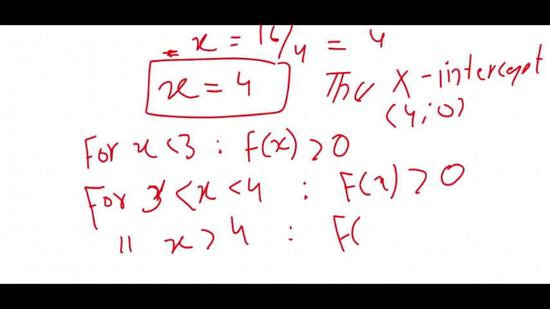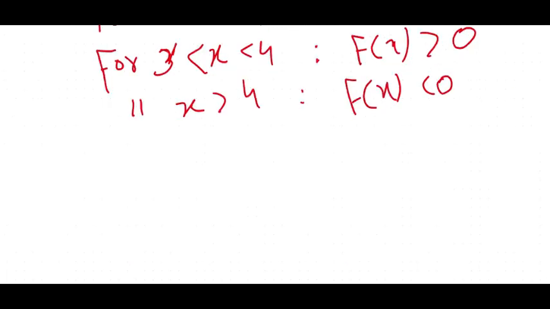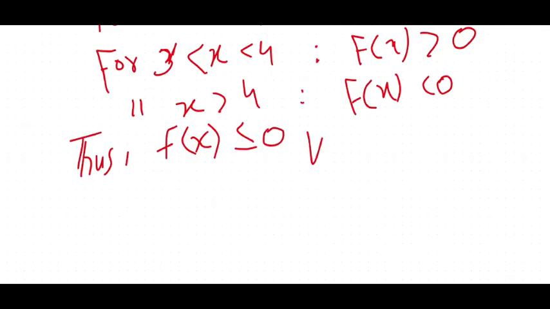Alright? So therefore, thus we can say that f of x is less than or equal to 0 when we have x greater than or equal to 4.